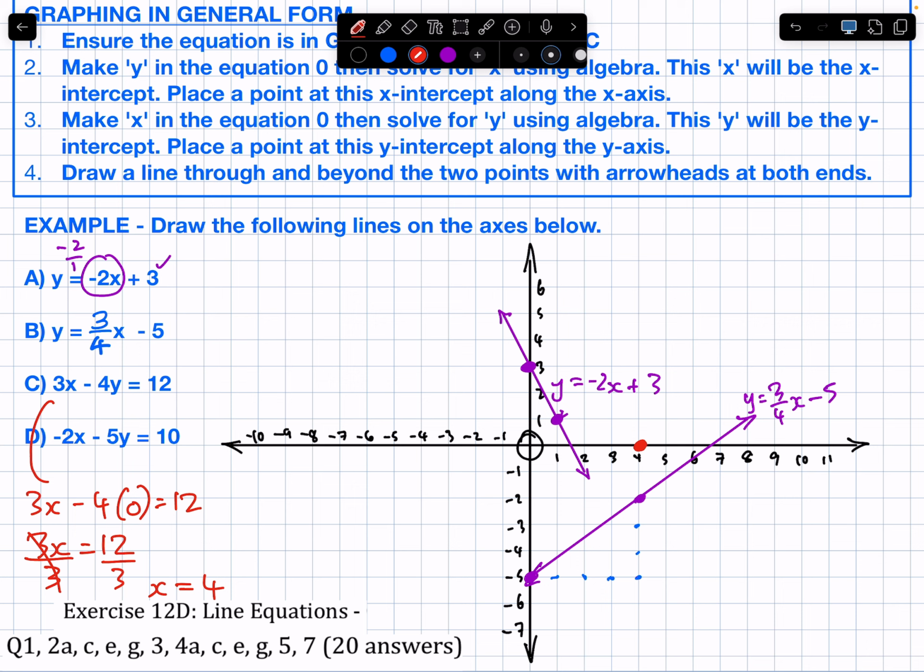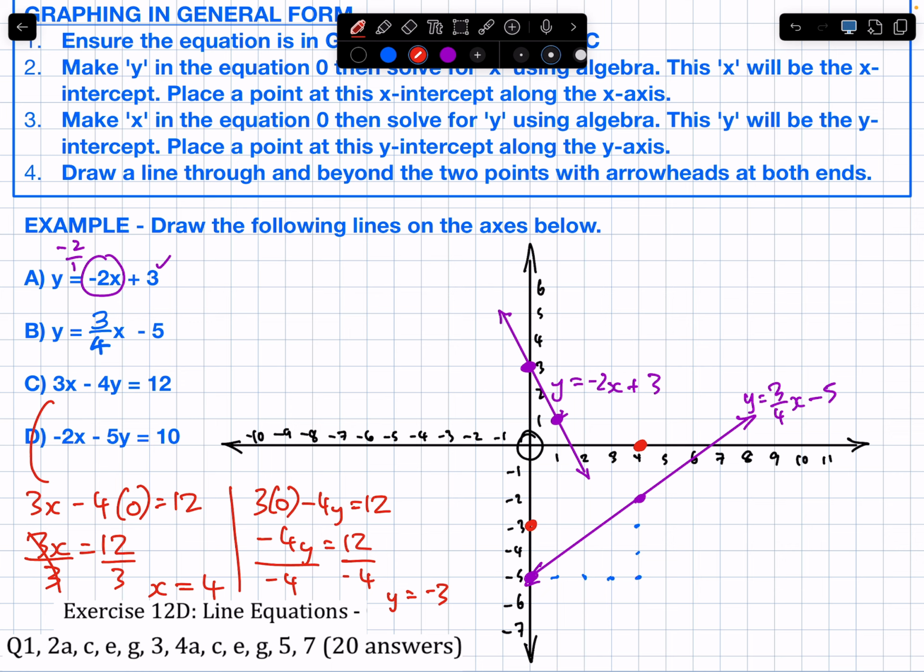So I keep hammering you with that because it's part of the process. So now I make x equals 0 in the equation. Take 4y equals 12. What's 3 lots of nothing? Nothing. So you have negative 4y equals 12. What's negative 4y? What's negative 4 doing to y? Good. That's the opposite of multiplying by negative 4. Divide. So y is going to be negative 3.